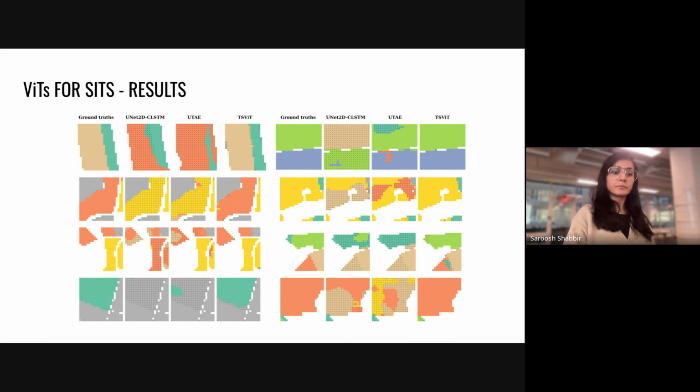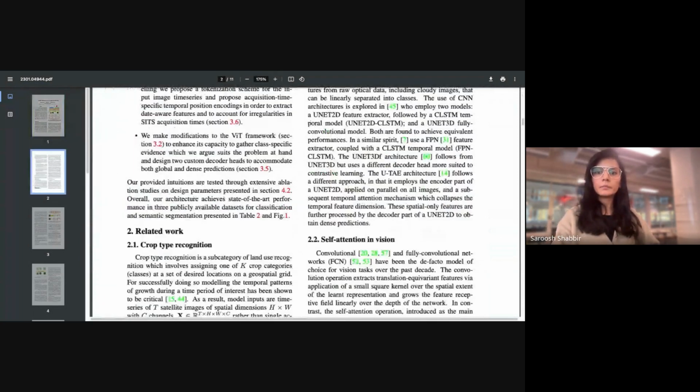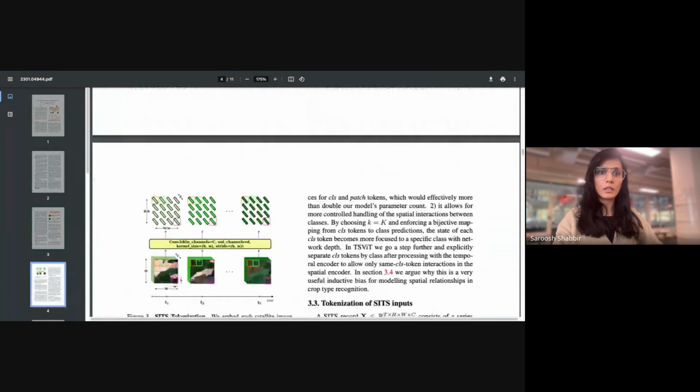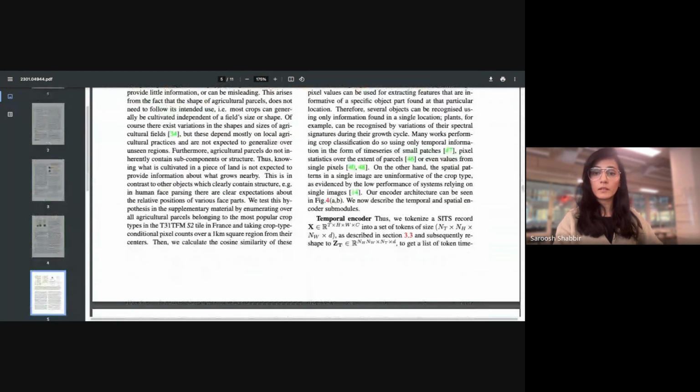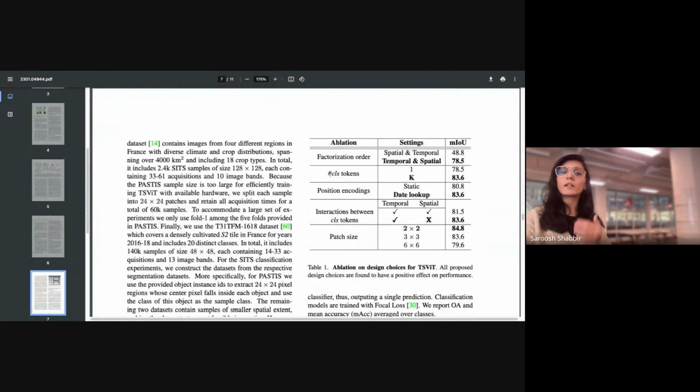Other than that, one of the more interesting results are the ablation studies here, where they compare the factorization order, whether it's better to factorize first spatially and then temporally, and vice versa. And here it shows that they have quite a gain in performance or accuracy if they do temporal and then spatial encoding, as was demonstrated.